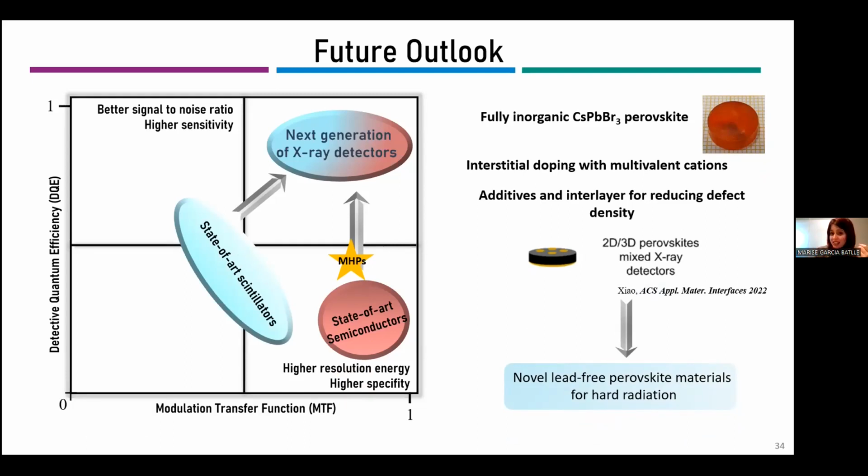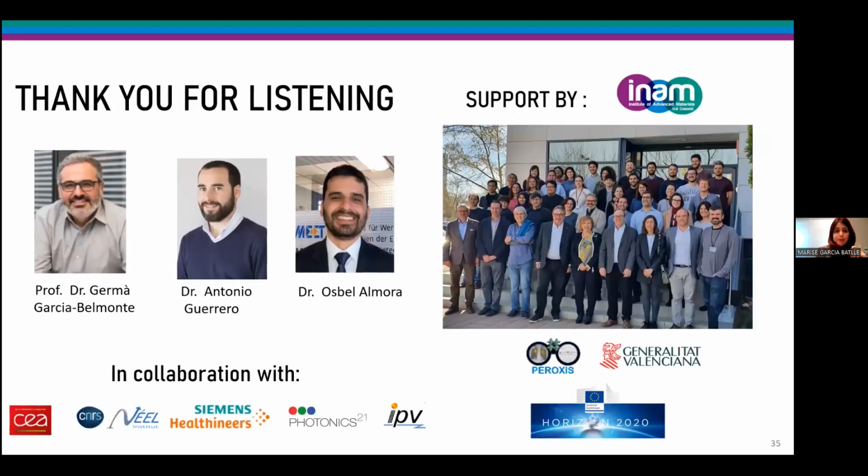We can use additives or interlayers in order to reduce defect density, or 2D/3D perovskite, or why not, if in the field of solar cells we are using lead-free perovskite, we can try to use in the field of X-ray detectors this novel lead-free perovskite for hard radiation. And of course, we can have many ideas about it, but it is important that we still need to solve these dark current problems.